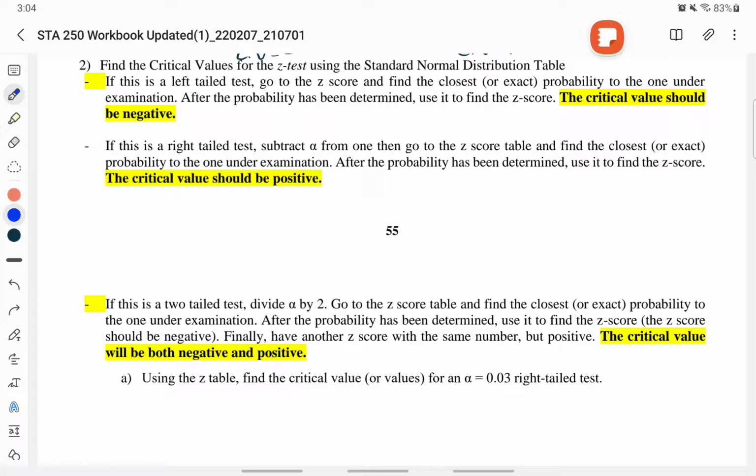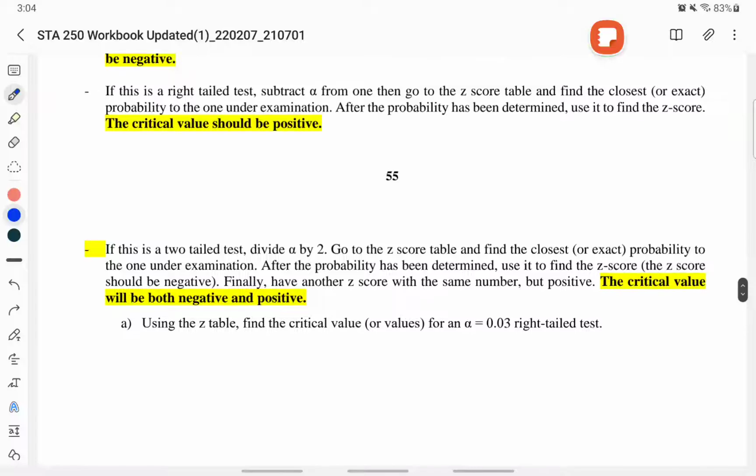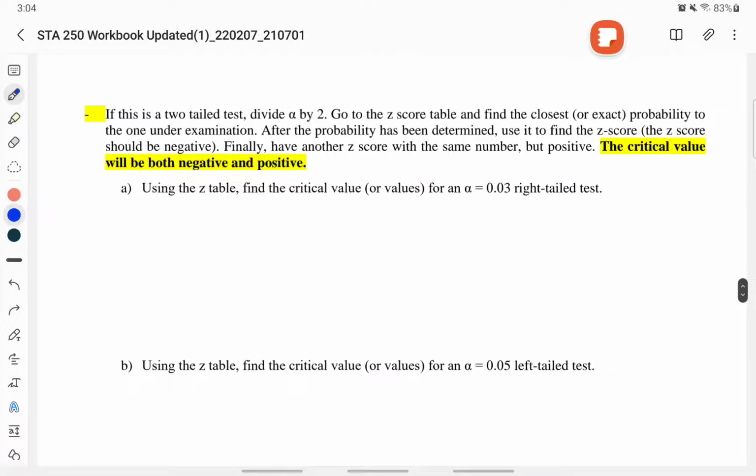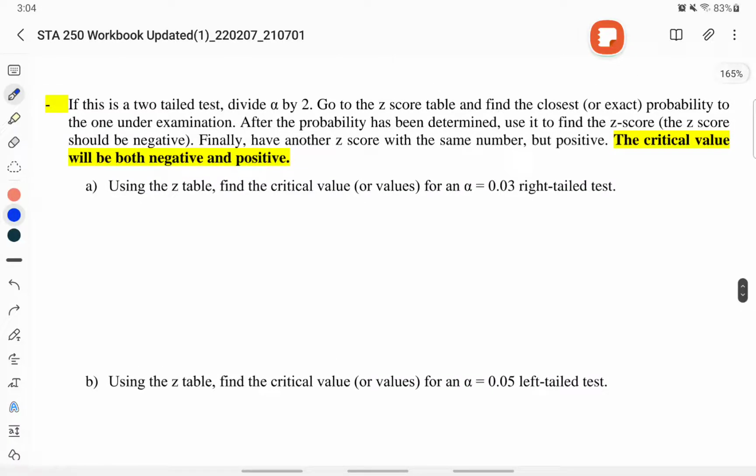Now, these are the directions that are in your work booklet. However, I am not going to use these directions because I've given you a better piece of information to help you find your critical values for Z. Now we're going to go on to part number 2. Number 2 wants us to find the critical values for a Z-test. It says, A, using the Z table, find the critical value or values for an alpha 0.03 right tail test.